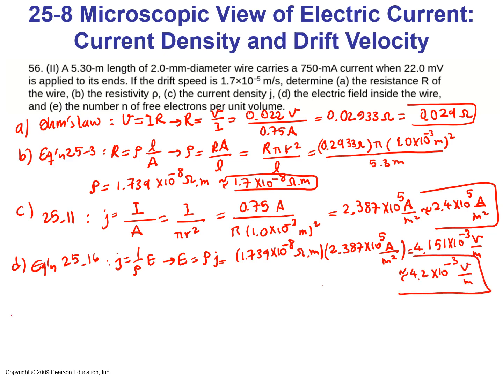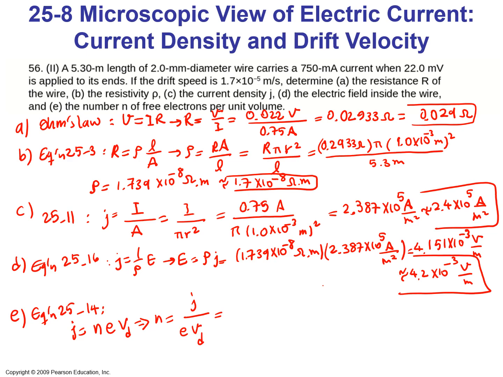For part E, which asks about the number of electrons per unit volume, we use the absolute value of equation 25-14, which says J equals N e times drift velocity. Solve it for the number of electrons, J divided by electron charge times drift velocity.